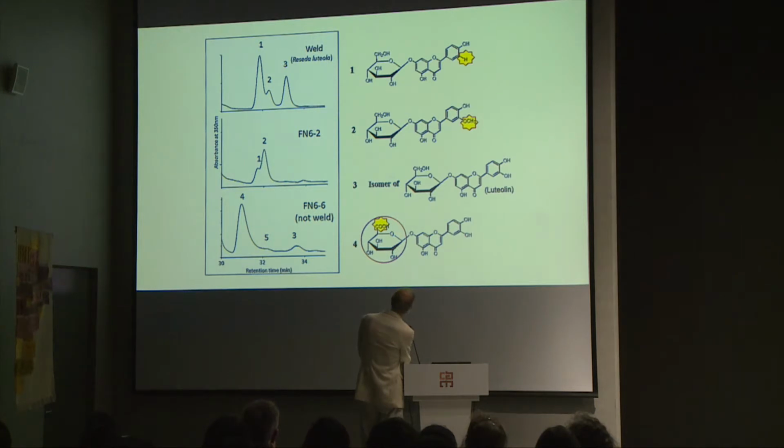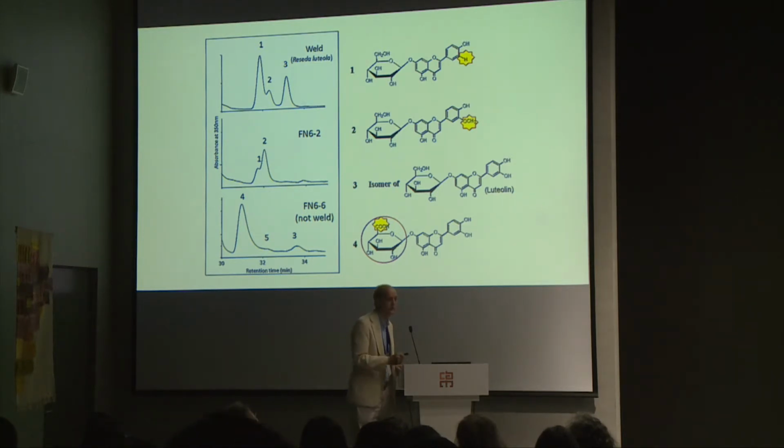So there's something different there. And it took us actually several years to figure out what it probably is. It has the glucuronic acid on this position with the carboxyl group here. And we've only seen that in samples from Xinjiang.